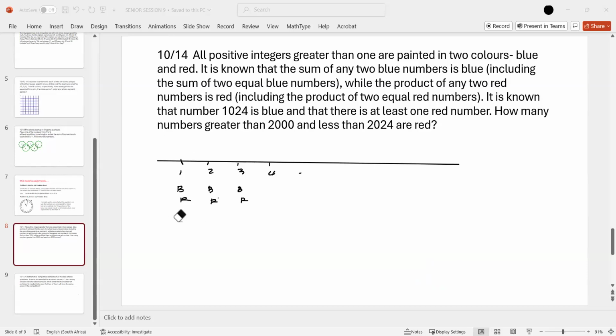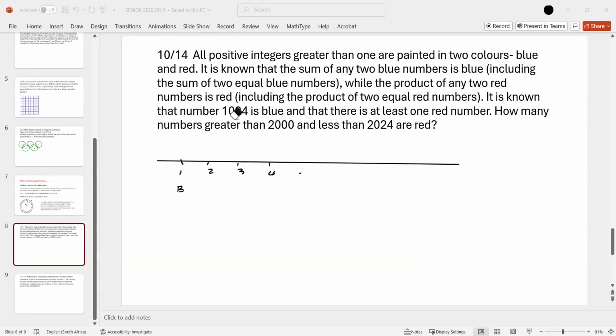Now, let's just ask about 1. One could be blue or red, but you can't make any conclusion with that. But let's try 2.